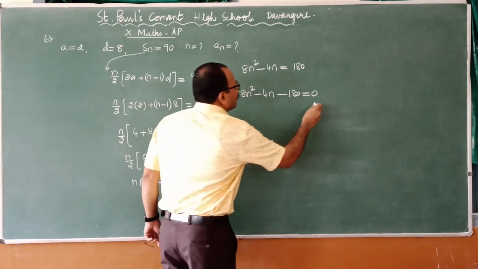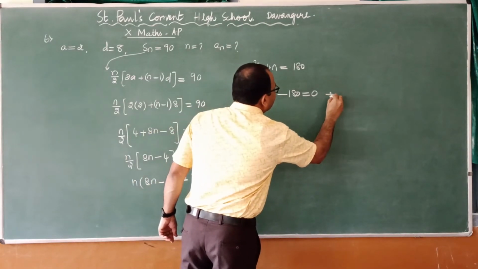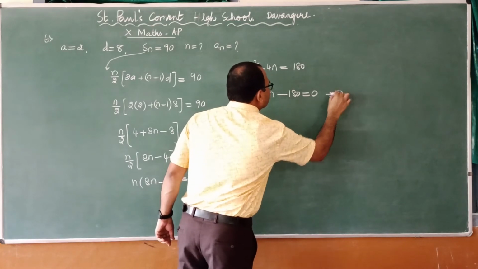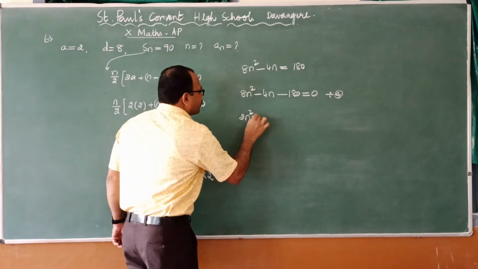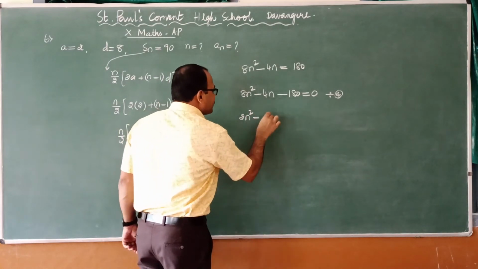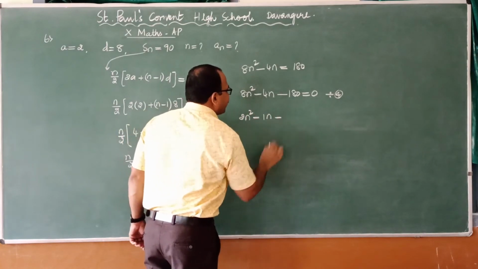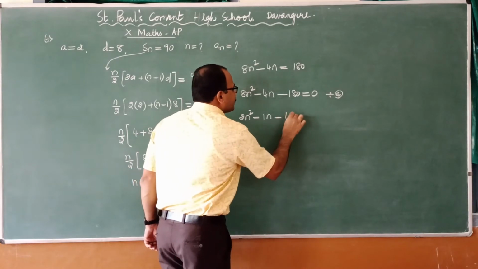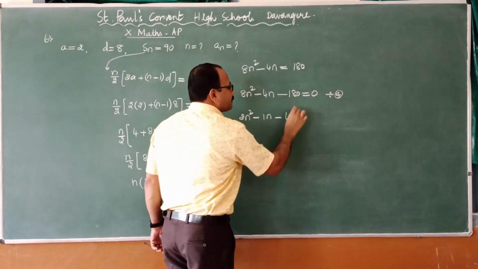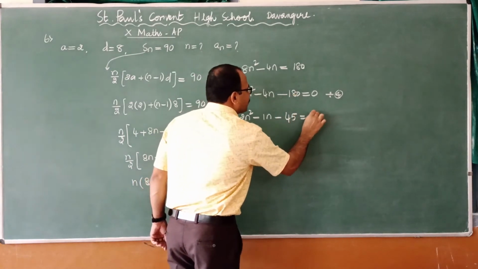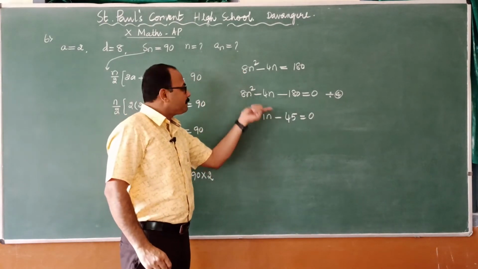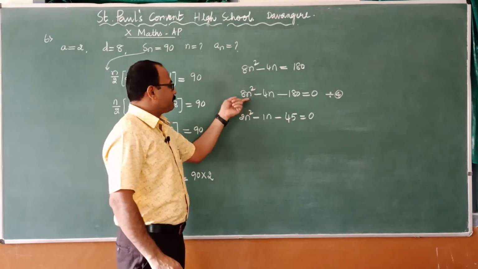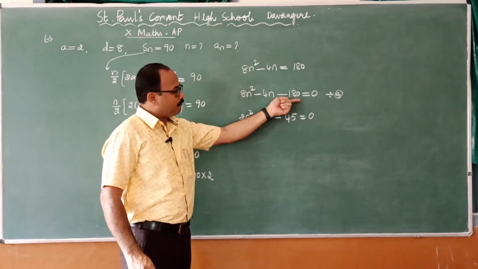Therefore, on dividing by 4, it will become 2n square minus n minus 45 equal to 0, since 4 fours are 16 and 4 elevens are 44, 45 comes here. See, this is the simplified form of the same equation. I have divided throughout the equation by 4.